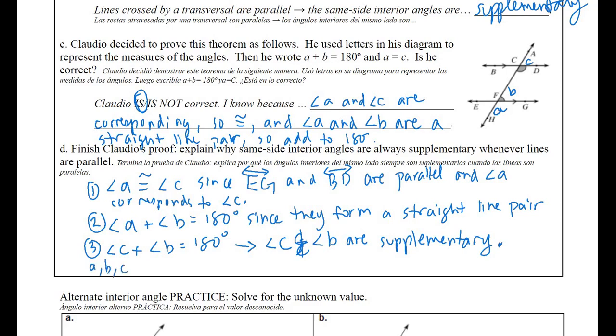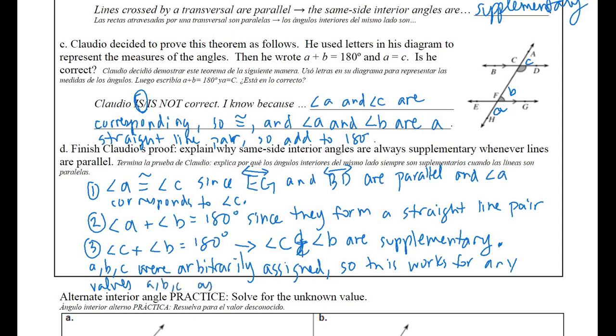A, B, and C were arbitrarily assigned. So this works for any values A, B, C, as long as they fit the diagram.